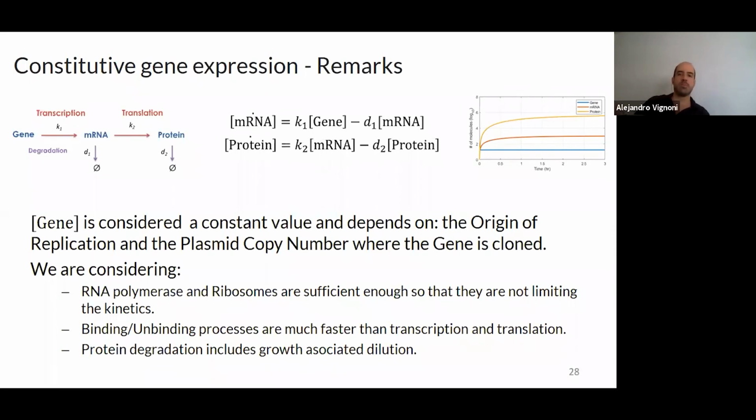That, together with the models, will be the way to find values for these parameters for our constructions in the lab, okay? But in the literature, you will have some options to find that. BioNumbers is one. I will put the link later, where you can find some values of this, okay?